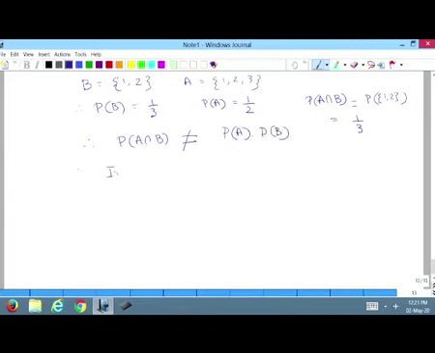Therefore, in this case A and B are not independent.